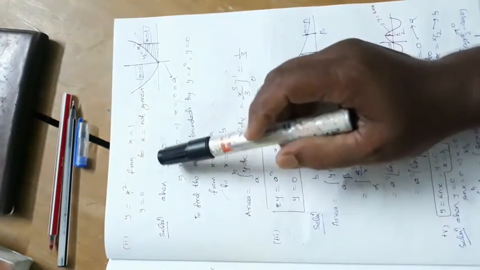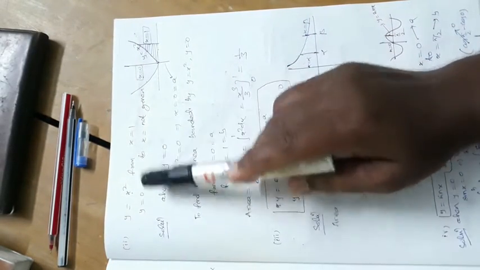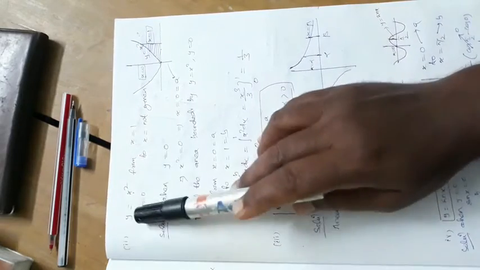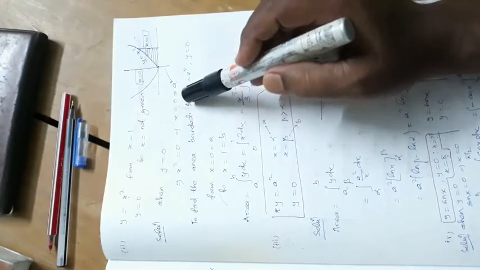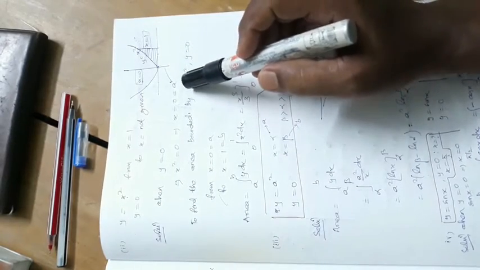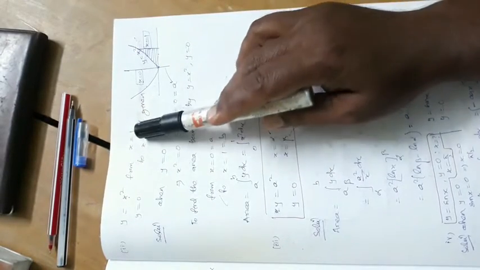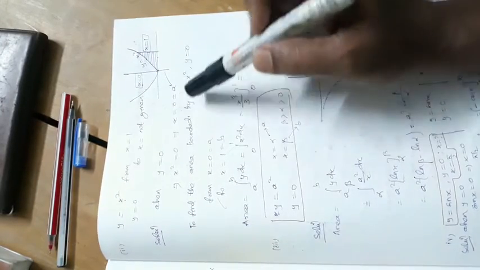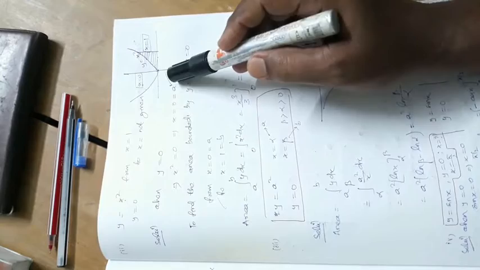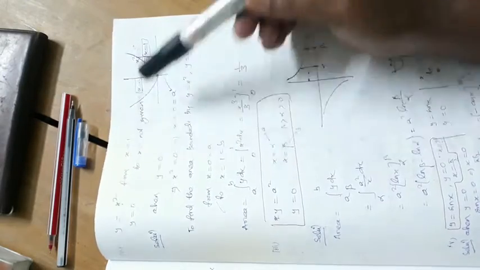Now look here, when y is equal to 0, that means x square is 0, which implies x is equal to 0, and another is x is equal to 1. Which one is the lower part and which is the upper part? X is equal to 0 is the lower, x is equal to 1 is the upper.